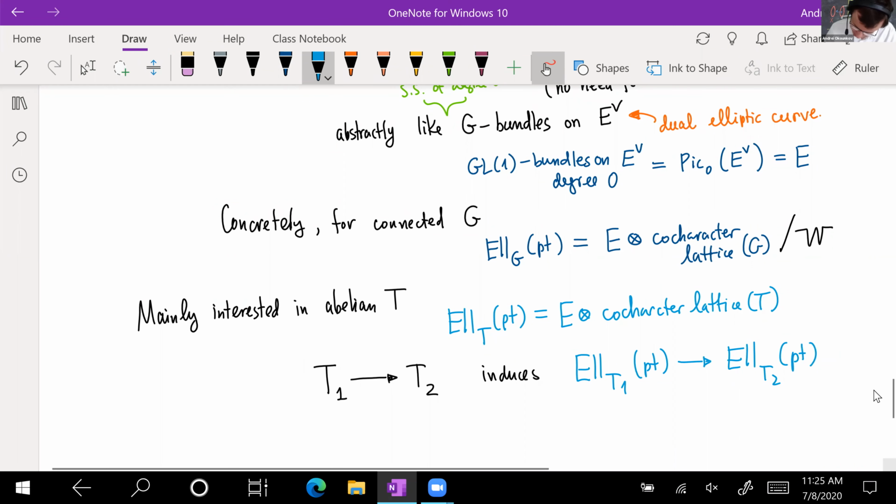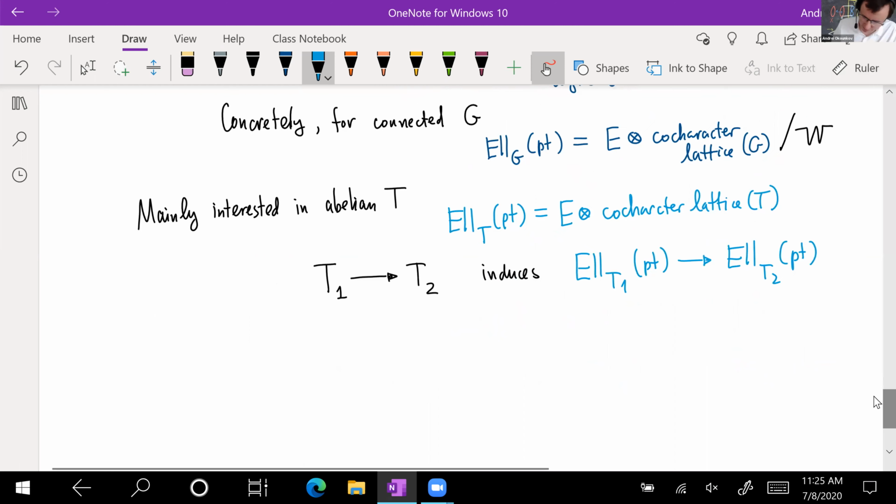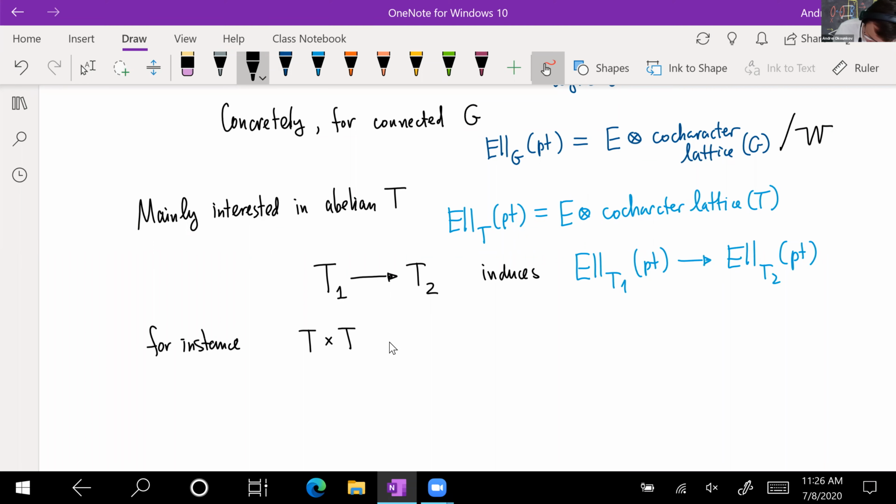Like for instance, suppose I have a torus and I take the square and take the product. For an abelian group, the product is a group homomorphism.